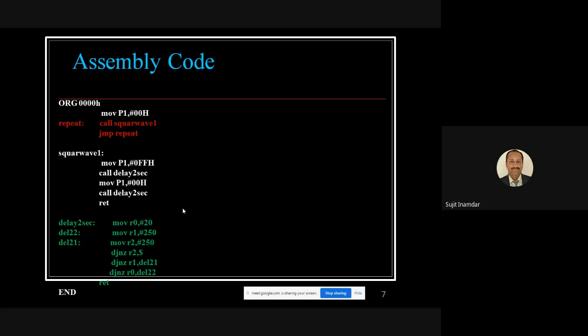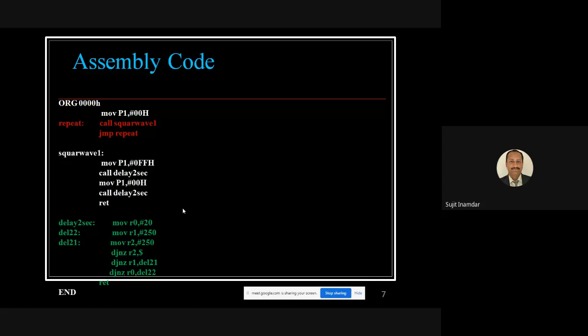If you can see this code in front of you, just go through it. As normal, it starts with ORG 00H, then port P1 is initialized with 00H. Why 00H?